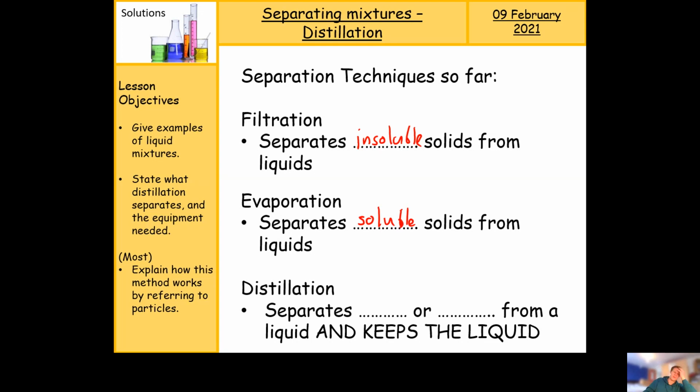soluble solids from liquids. So you can see what we're doing is we're trying to separate more and more complicated things. To start with filtering, we had, okay, we've got some water and some sand, and I want to separate them. Well, that's okay. We just filter them. And then we went a bit harder. We said, but what if I've got some salty water?